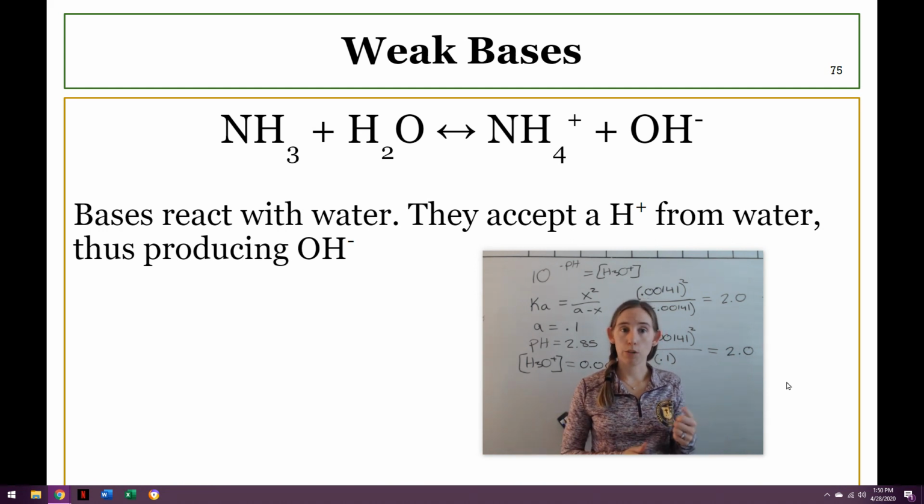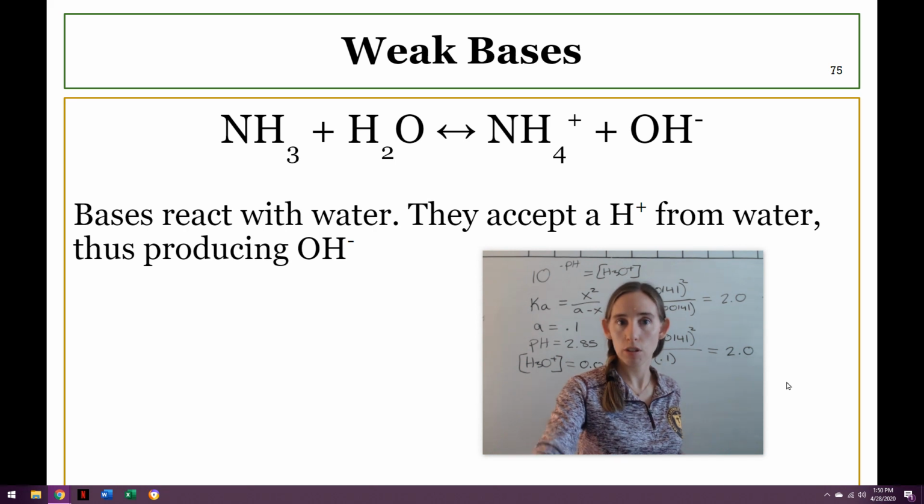So the bases react with water, they accept hydrogen from water, thus producing hydroxide. So here's an example of how ammonia, even though we said it can't produce hydroxide and it was our only exception to the rule, in a sense, the solution is still producing hydroxide because ammonia is taking hydrogen from water, leaving hydroxide left. So in essence, it actually does still produce hydroxide, which is kind of interesting.